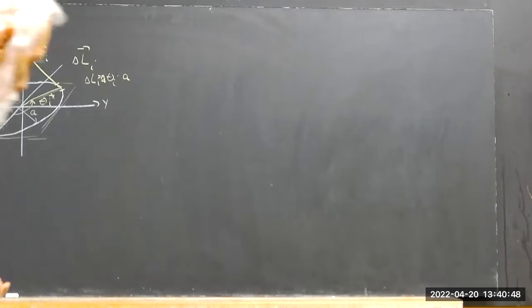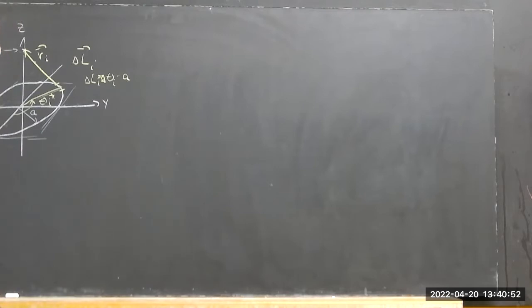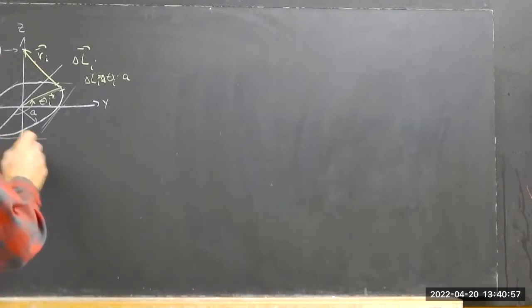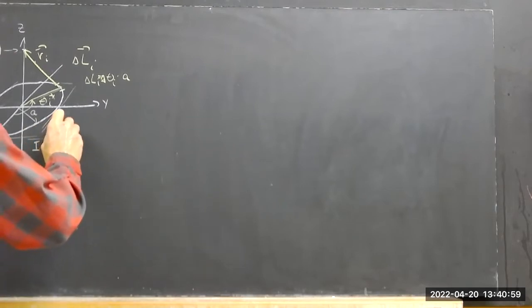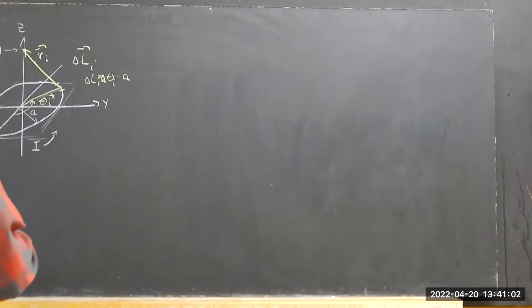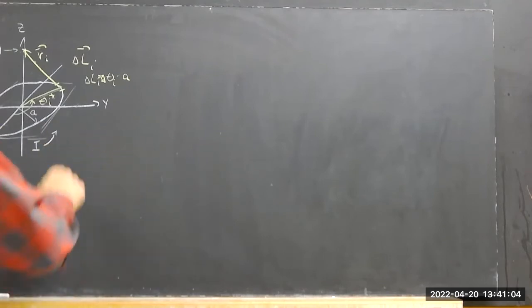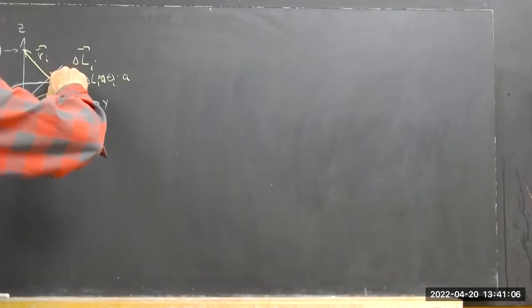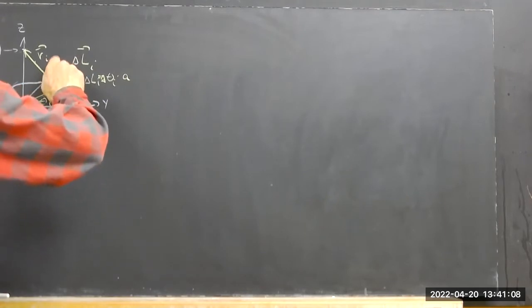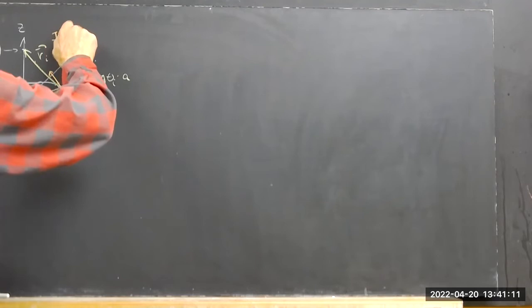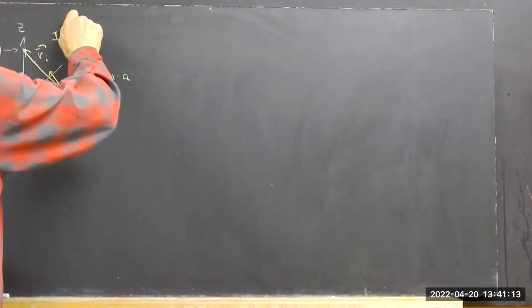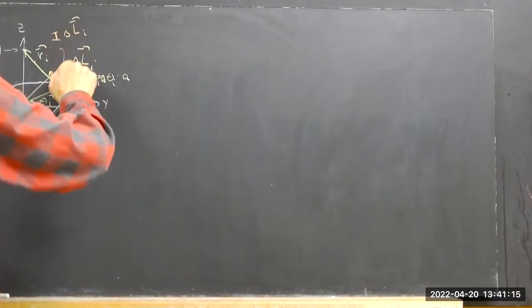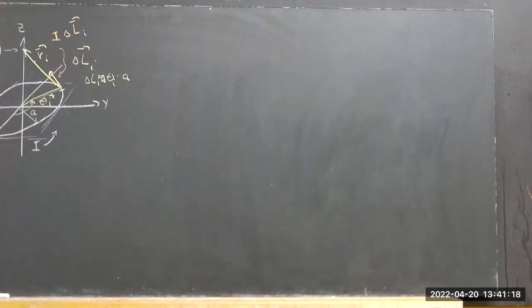Now, where's our current vector? What's the direction of our current vector? Well, it should be obvious that if I is counterclockwise, then our I delta L sub I vector is in the plane down here. Okay, it's in the XY plane.